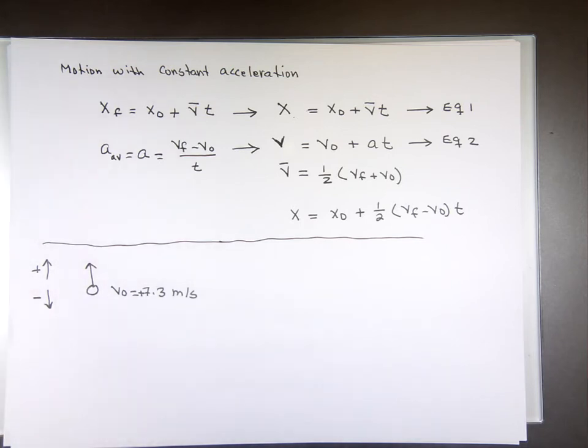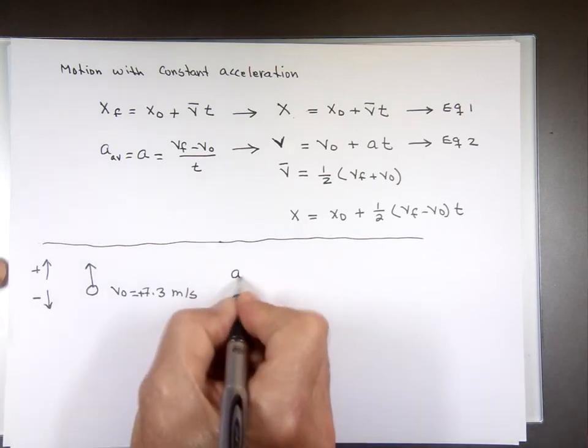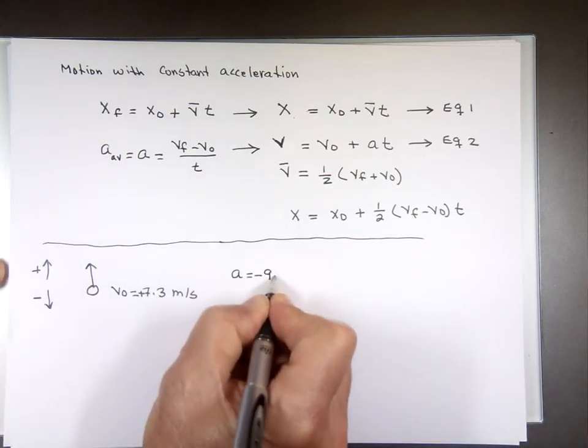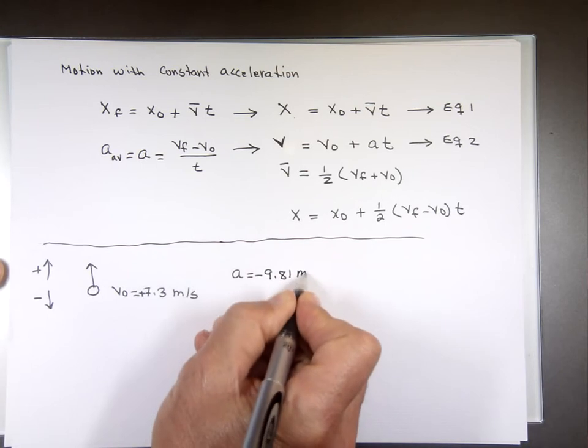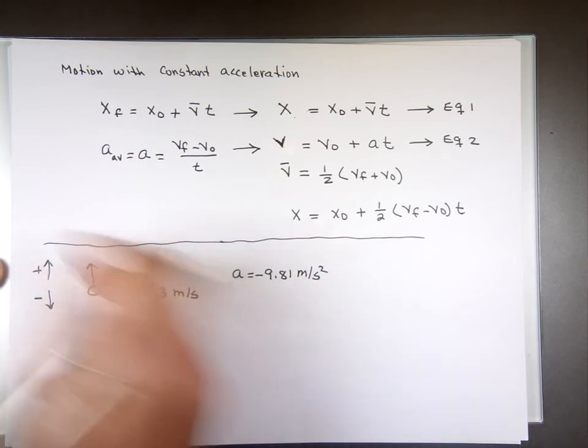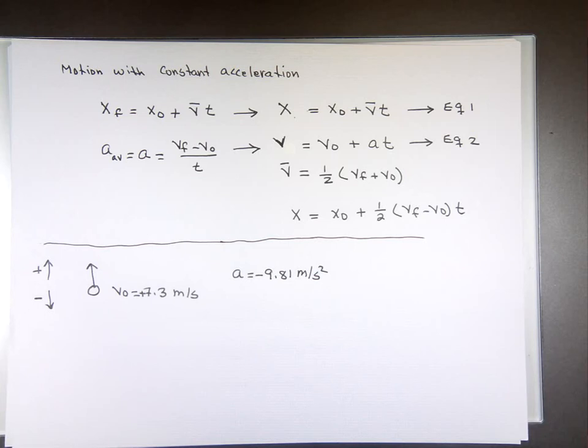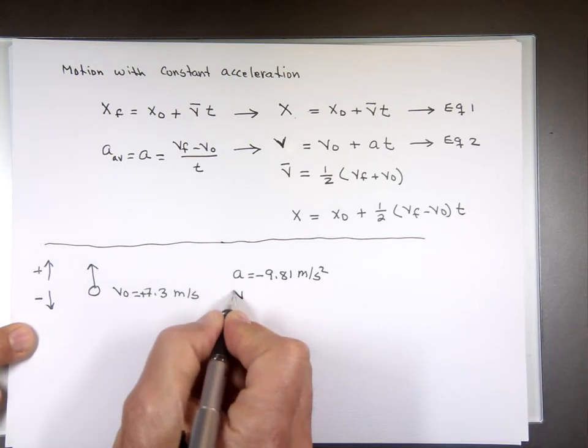Now, when the ball leaves my hand, there's only one acceleration acting on that, and that is what? Gravity. In which way is gravity pulling? Down. So my acceleration now is negative 9.81 meters per second squared. Down means negative, up is positive. So what is the final velocity of the ball?